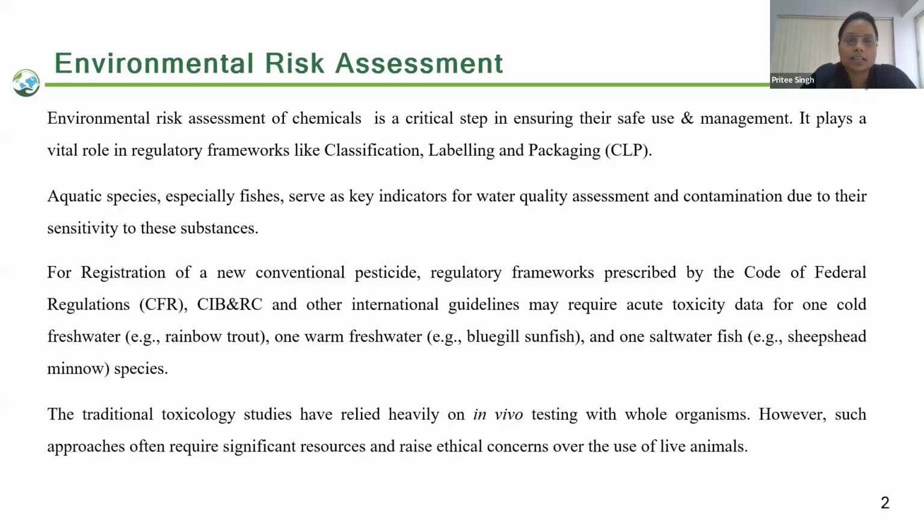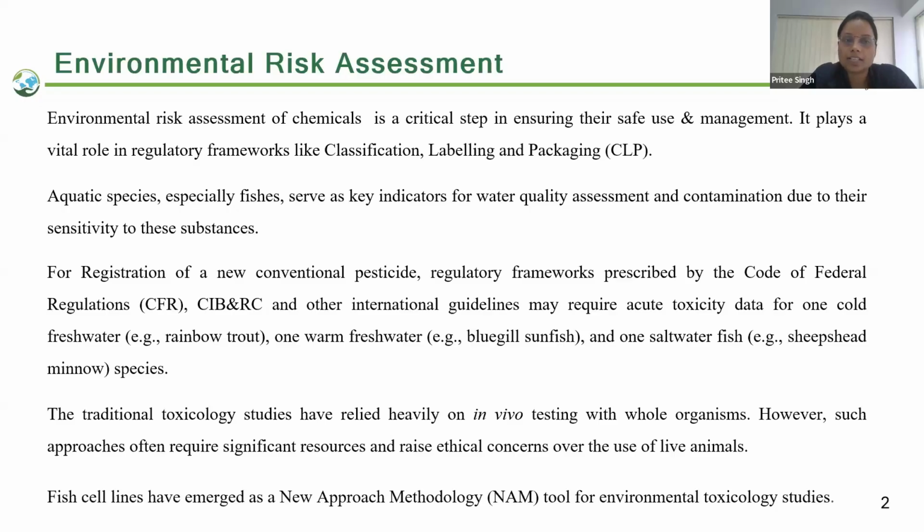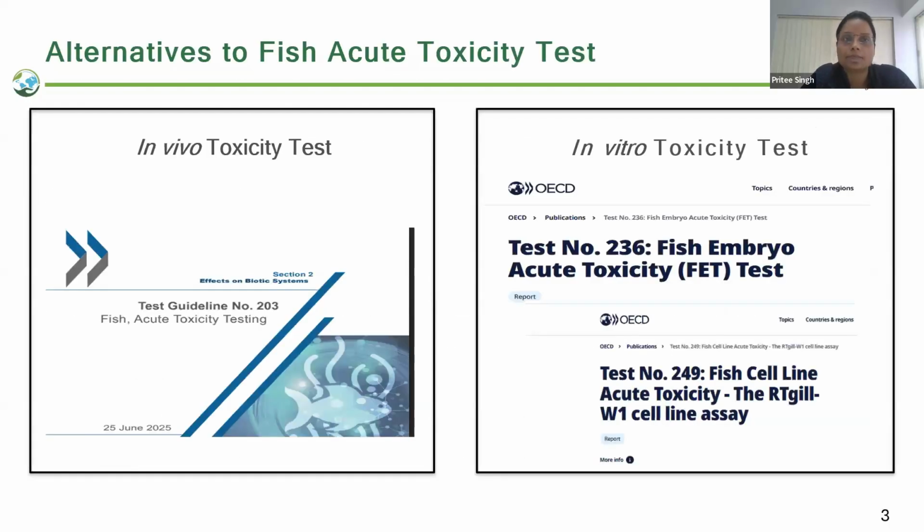The traditional aquatic toxicology study relies mostly on in vivo testing, where the whole animal is utilized. Such approaches often require significant resources and raise ethical concerns over the use of live animals. Fish cell lines have emerged as a new approach methodology for environmental risk assessment or aquatic studies.